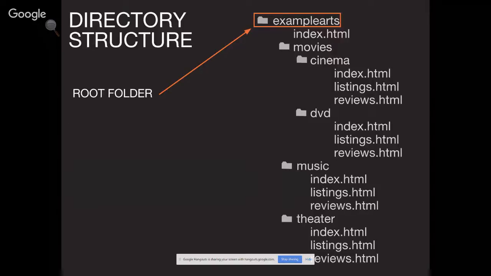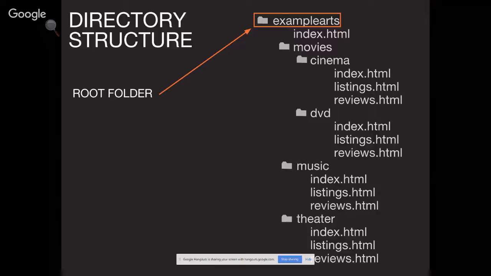Right? All right, so you have to know where you are. So it's relative to where you are. So if we're in the root folder, then from the root folder we're going to say slash, in this case, DVD. So that's the directory name or the folder name, and then slash, and whichever file we want. Let's say we want listings.